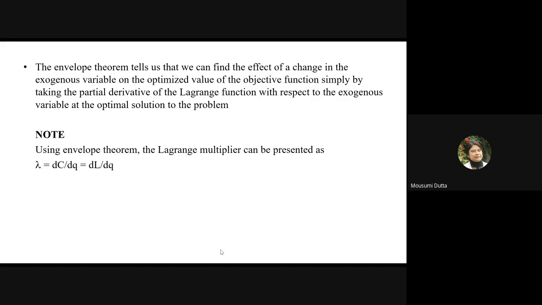I'm repeating, it tells that we can find the effect of change in the exogenous variable on the optimized value, that is the v, the value function of the objective function, simply by taking the partial derivatives of the Lagrangian function with respect to the exogenous variable at the optimal solution of the problem. Del L by del alpha will be equivalent to dv by d alpha.